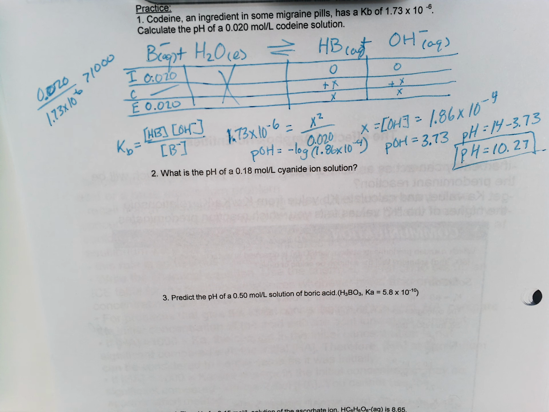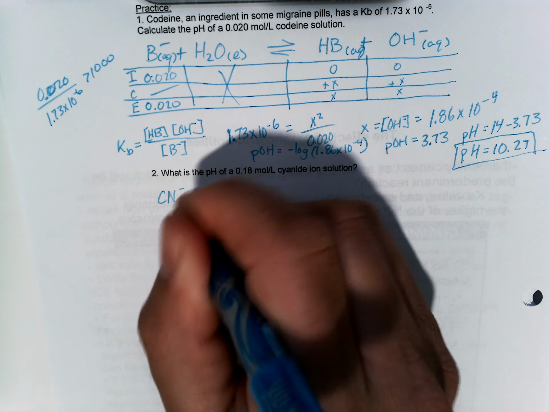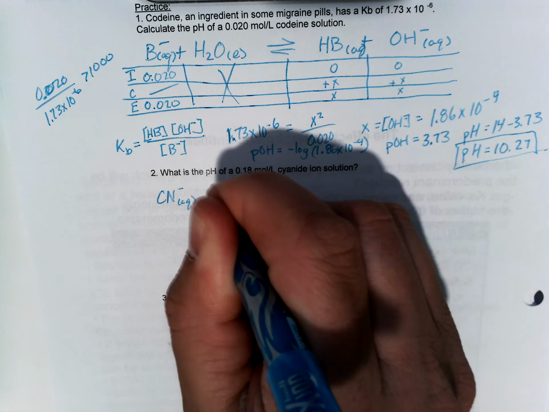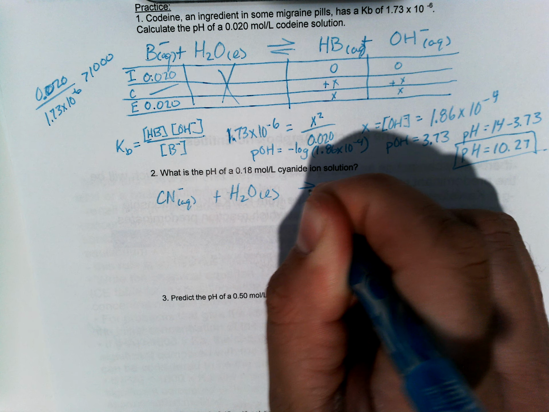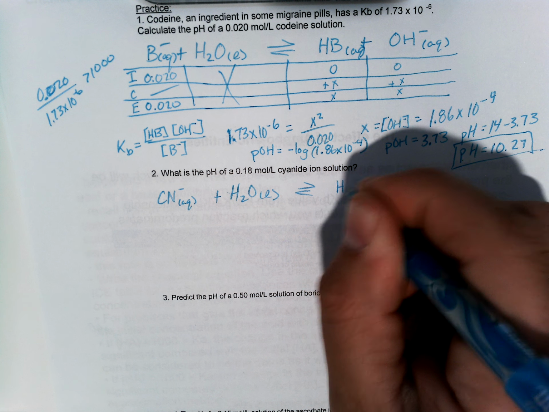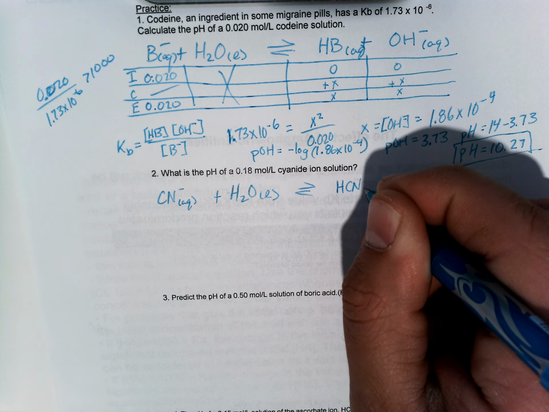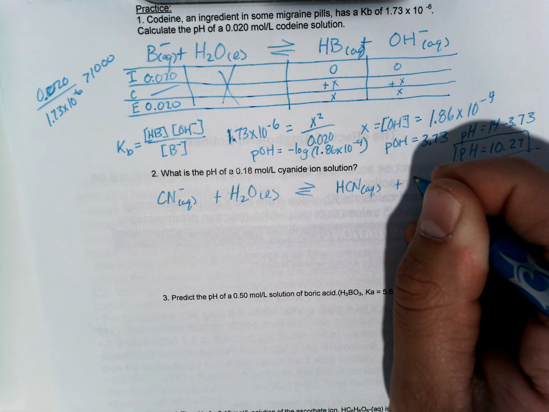Okay, so the next one, what is the pH of a 0.18 mole per liter cyanide solution? So cyanide, CN minus, we're going to add it to water, and it's going to produce hydrogen cyanide or hydrocyanic acid plus hydroxide.